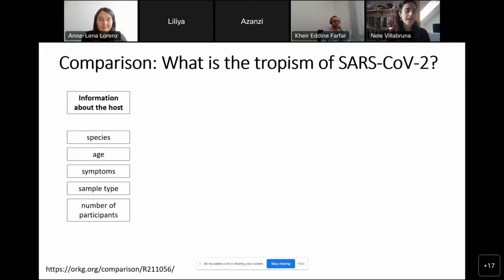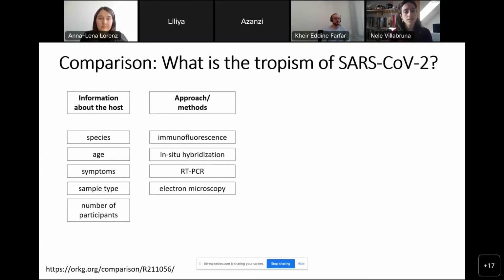The information I extracted first on the host was, of course, which species. I focused mostly on human studies and not so much on animal studies. Then I extracted the age, which symptoms these people had, which sample was taken. This was mostly biopsies, and then also how many participants were included in the study.